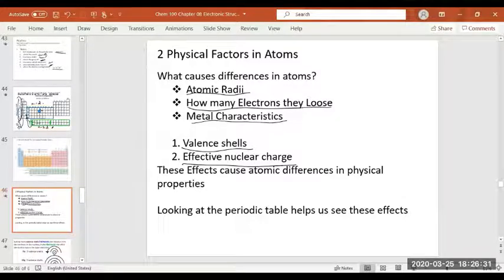The valence shell is the last shell, responsible for the electrons doing the bonding in a reaction. What is the effective nuclear charge? It is the attractive power of the nucleus, which has the positive protons, to attract the electrons toward it.